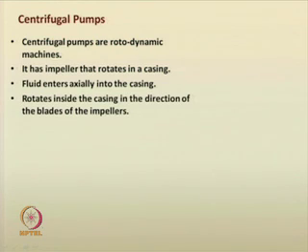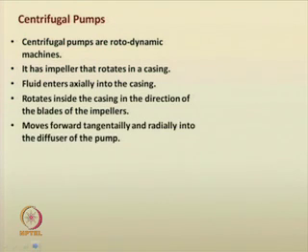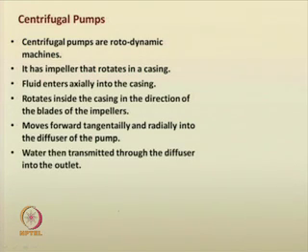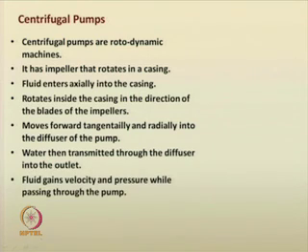The fluid rotates inside the casing in the direction of the impeller blades, and it moves forward tangentially and radially into the diffuser of the pump. Then water is transmitted through the diffuser into the outlet.